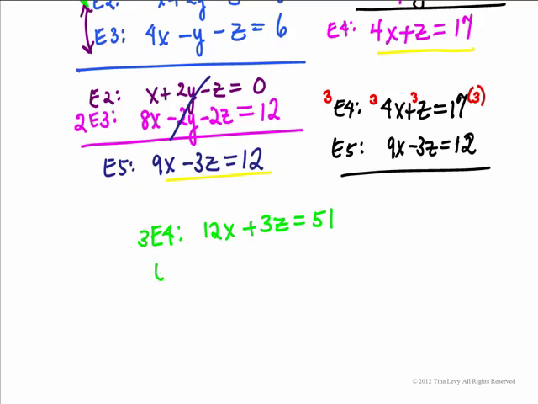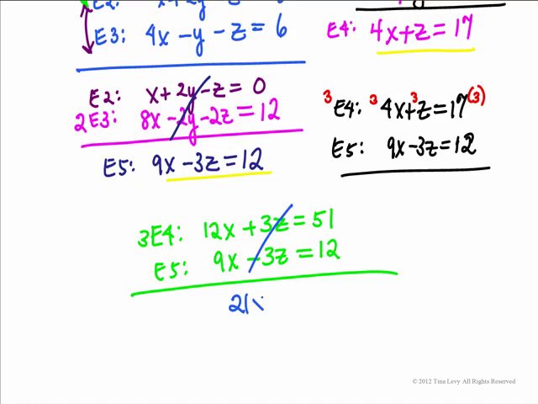And equation 5 is 9x minus 3z is 12. So now I can eliminate the z. 12x and 9x is 21x. 51 and 12 is 63. And we're almost getting one of the coordinates. So now we divide both sides by 21, which gives us that x is 3.